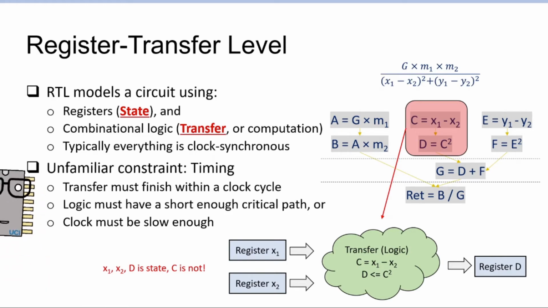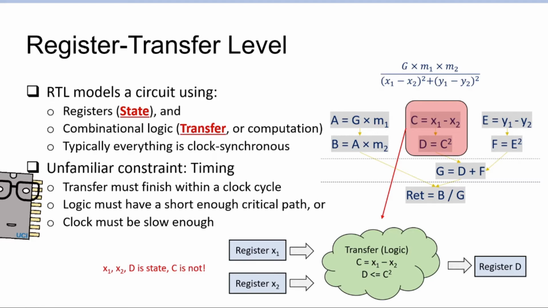So in a register transfer level representation of computation, the transfer part, the combinational logic part, must start at the beginning of a clock cycle and finish before the end of this one clock cycle.